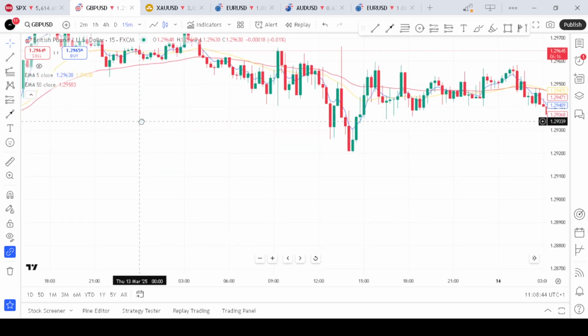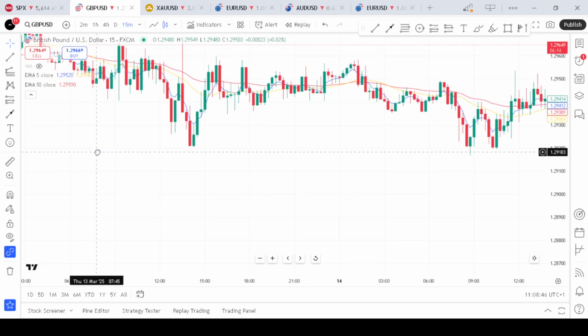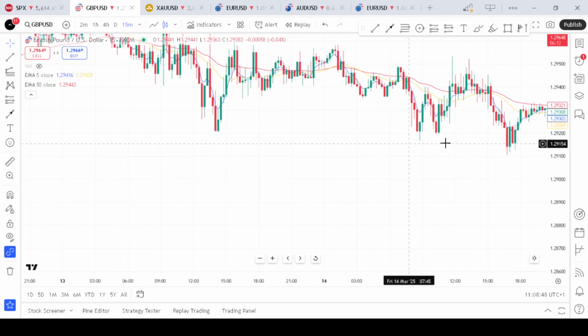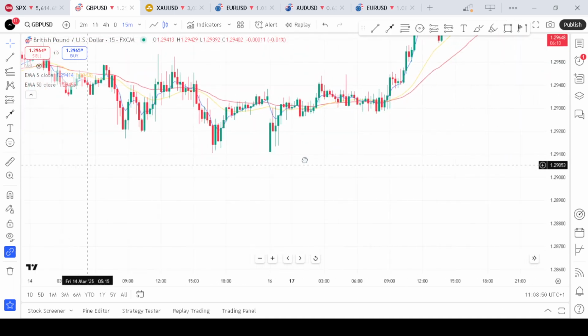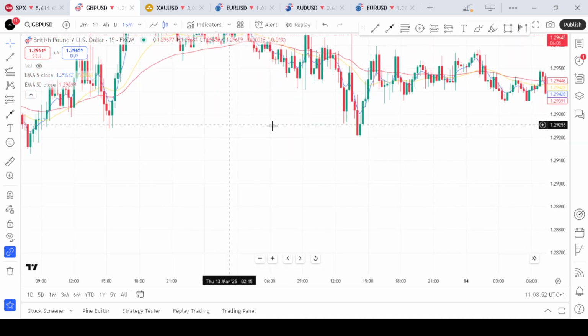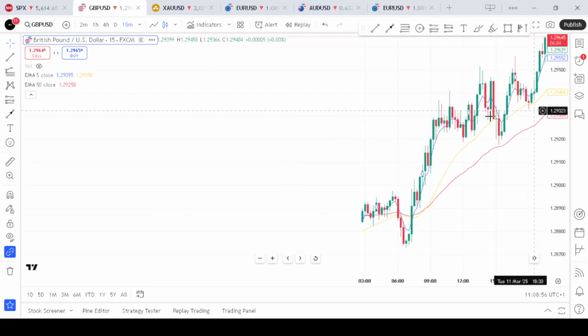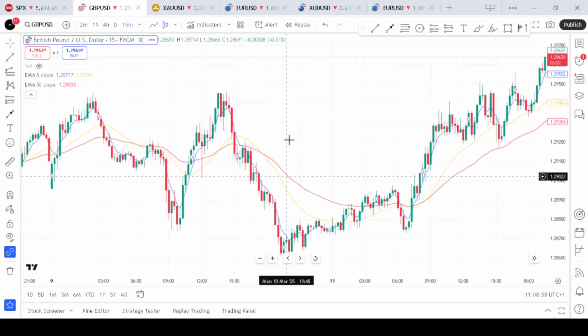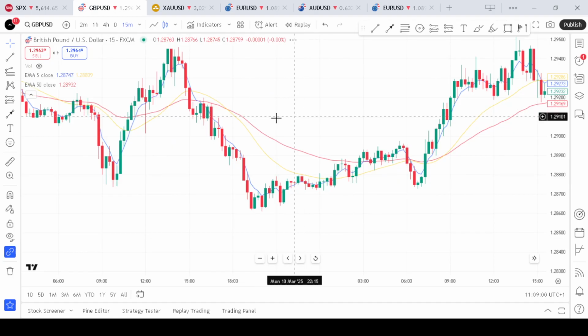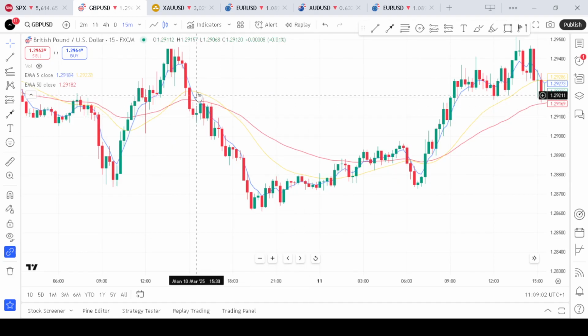Now let's look at a bearish trading setup to understand how to implement it. We wait for the 5 period EMA, which is this blue line, to cross below the yellow line and the red line.